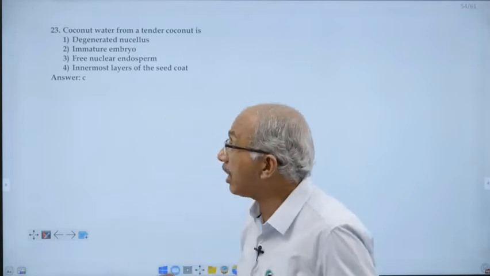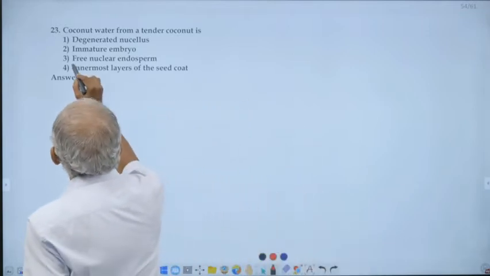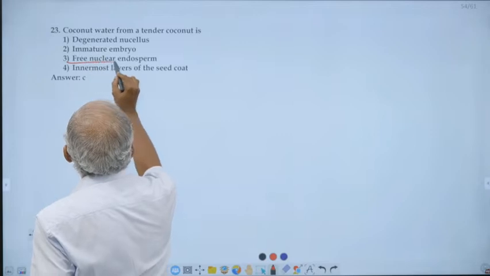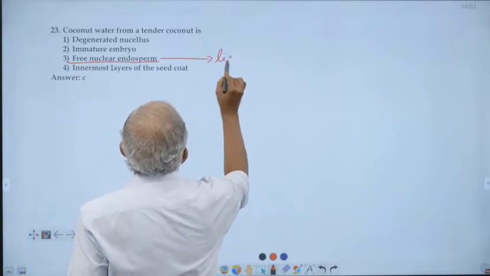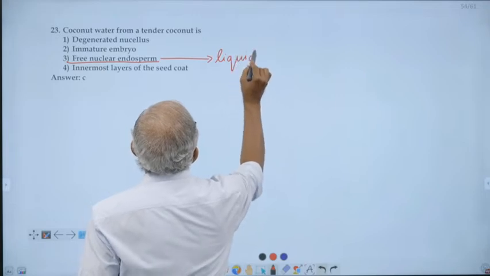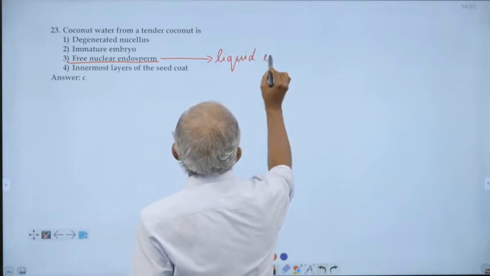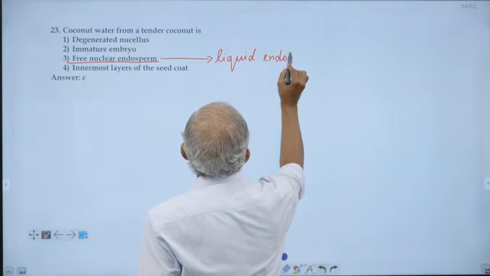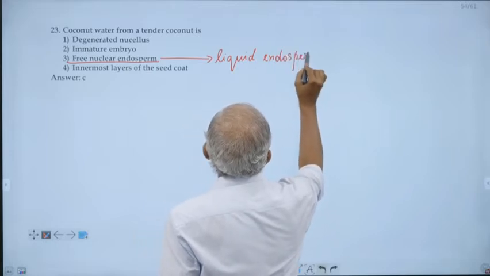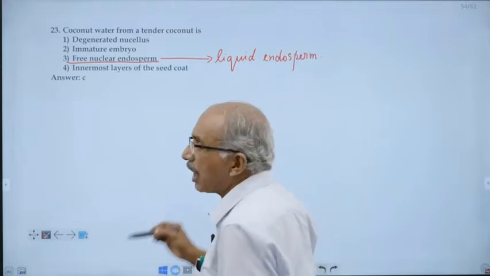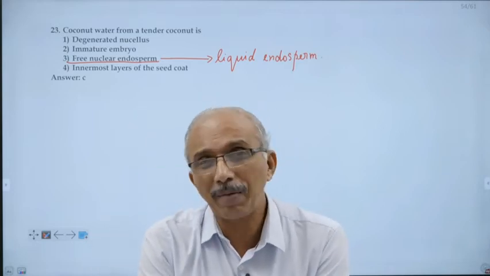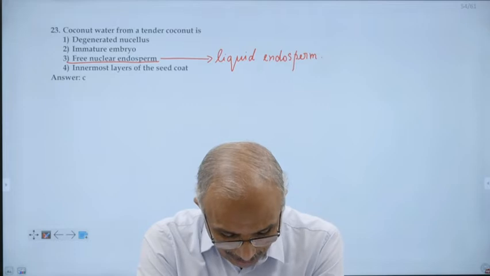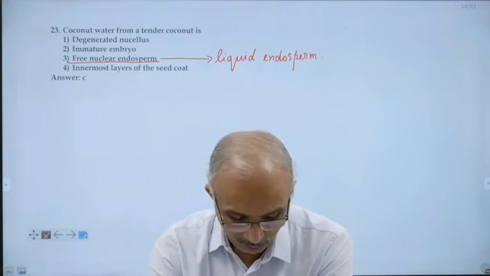The coconut water is the free nuclear endosperm, also the liquid endosperm. Why is it called free nuclear? The cell consists of many free nuclei.